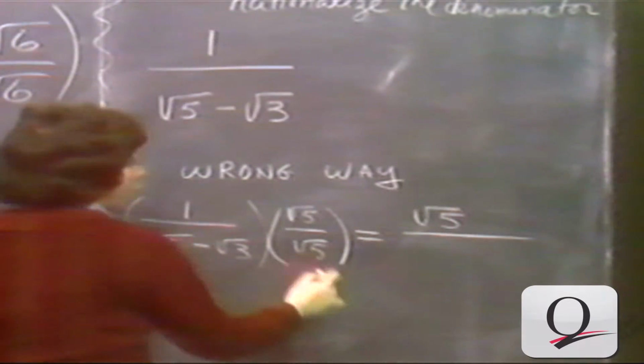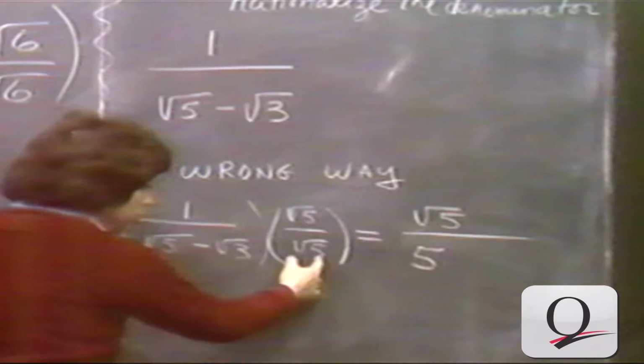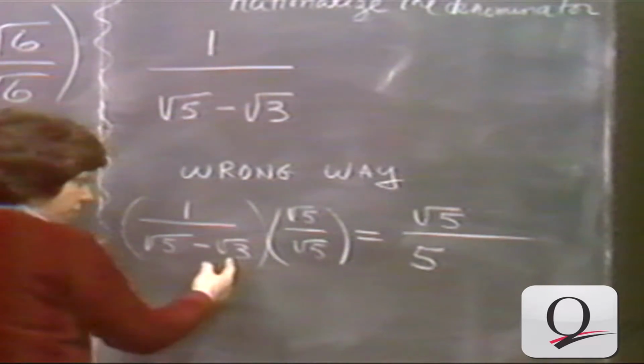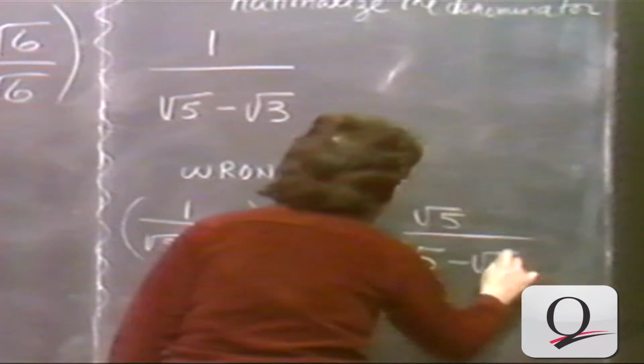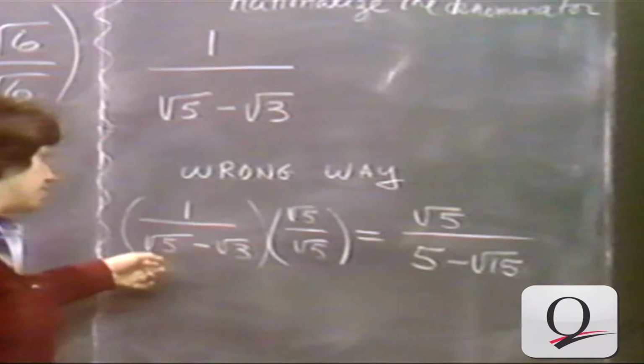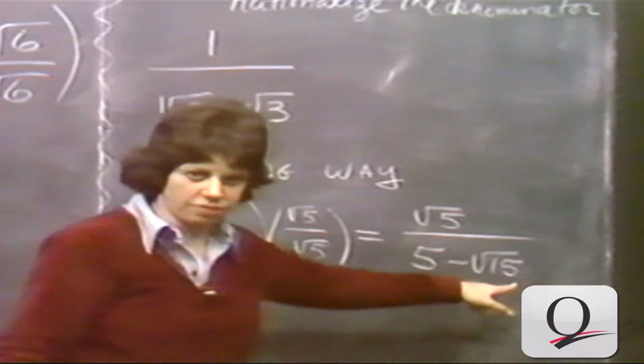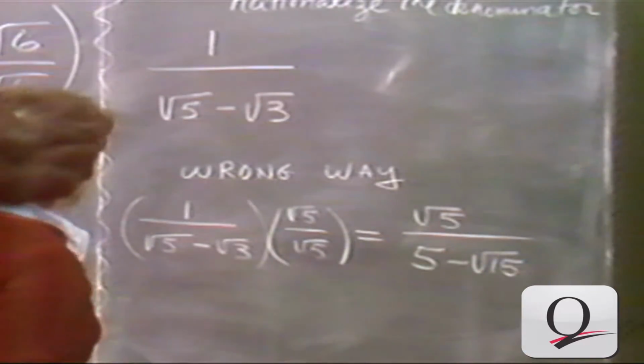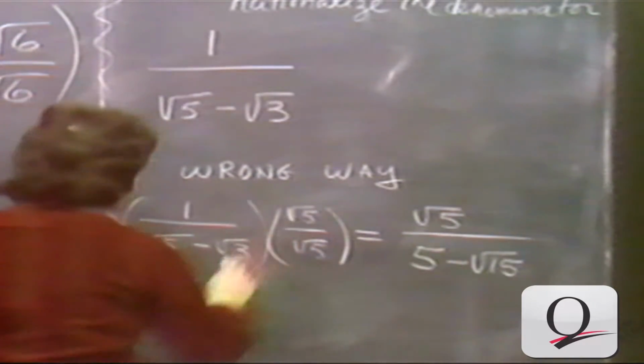The square root of 5 times the square root of 5 would give you 5, but then you also have to multiply the square root of 5 times the square root of 3, and that would give you here minus the square root of 15. So you've eliminated one of the radicals, namely the square root of 5, but you now have another one, the square root of 15. You still have a radical in the denominator. The square root of 5 won't help.